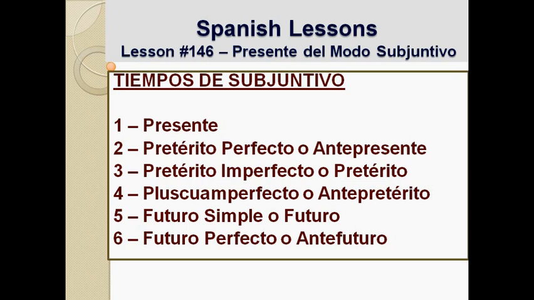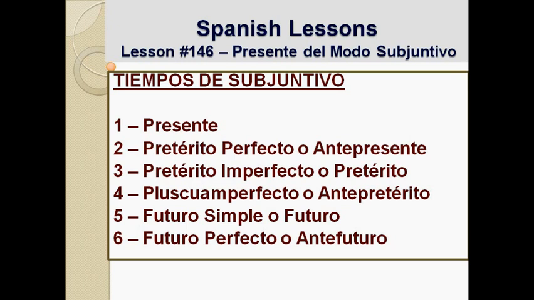Okay. However, since some of these names are the same as the names of some tenses from the modo indicativo, the correct thing when we talk about a tense is to say the name of the tense and then to specify whether it is from the modo indicativo or modo subjuntivo.